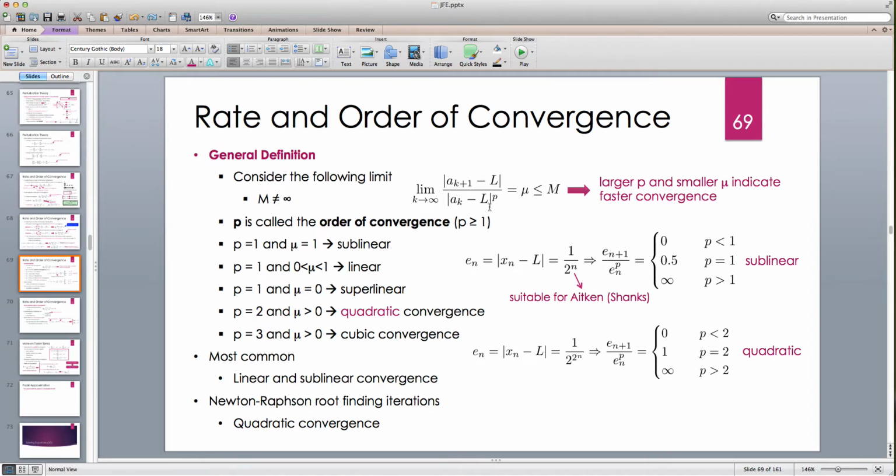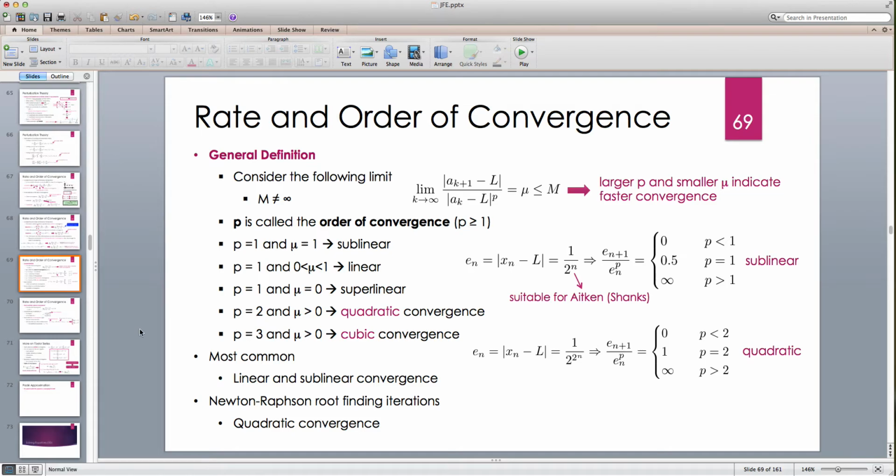If p is 3, so for p equals 1 and 2 mu turns out to be 0, but for p equals 3 mu turns out to be something non-zero, we say that it's a cubic convergence. You probably can guess that quadratic convergence is much better in terms of speed compared to linear convergence, and cubic is faster than quadratic, of course. Because in calculus we're dealing with differentiation and integration, we are mostly dealing with linear and sublinear convergence.